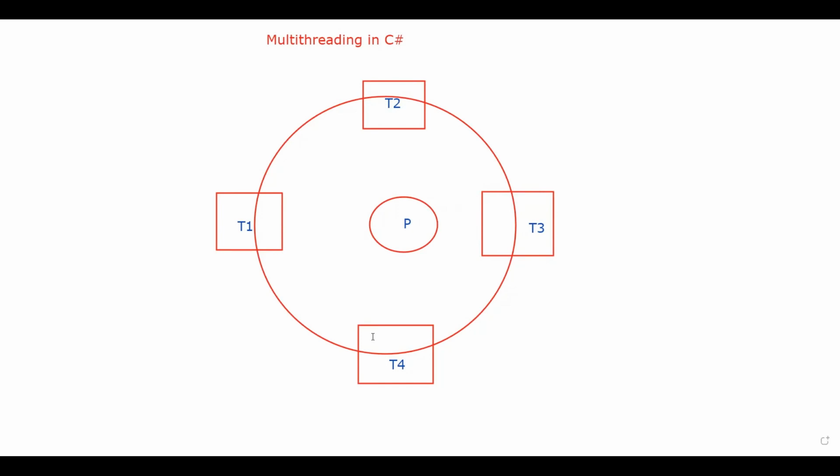So what is multiprocessing? Running multiple processes is called multiprocessing. For example, in the operating system, we are doing a Zoom recording, and a Google Meet is going on, and we can run Visual Studio.